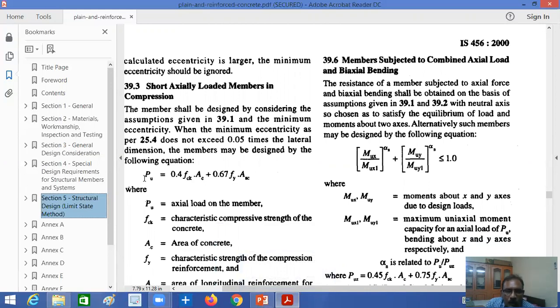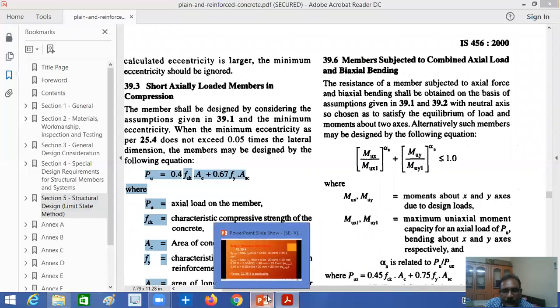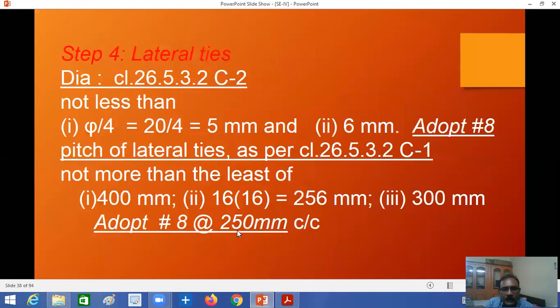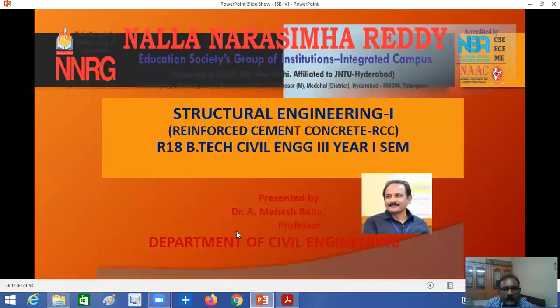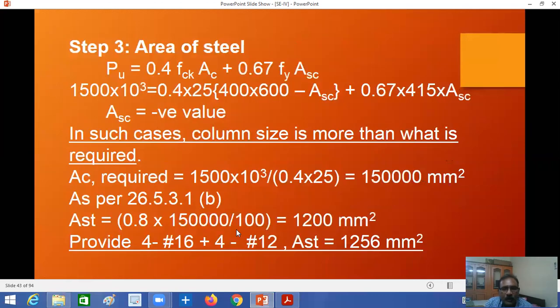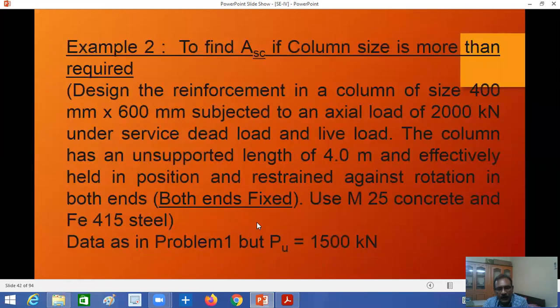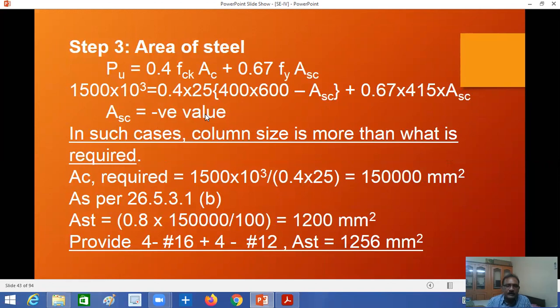Okay, so now we can take this equation to calculate the reinforcement and size, right? See here, we have now proved this problem as a short column by using IS 456, right?